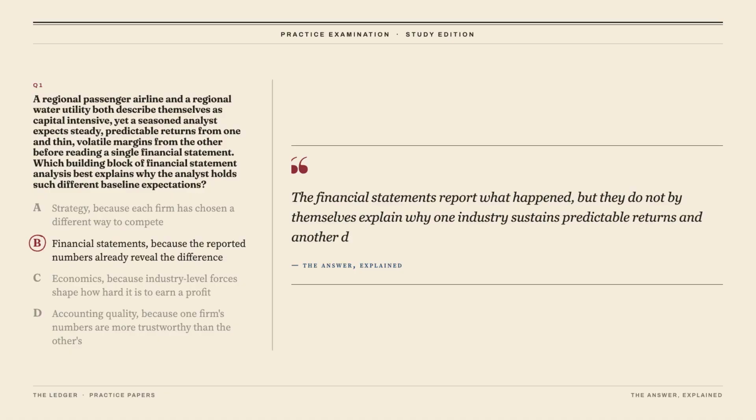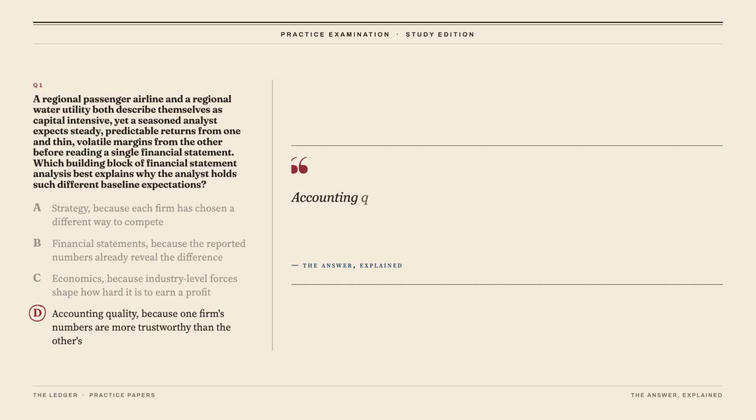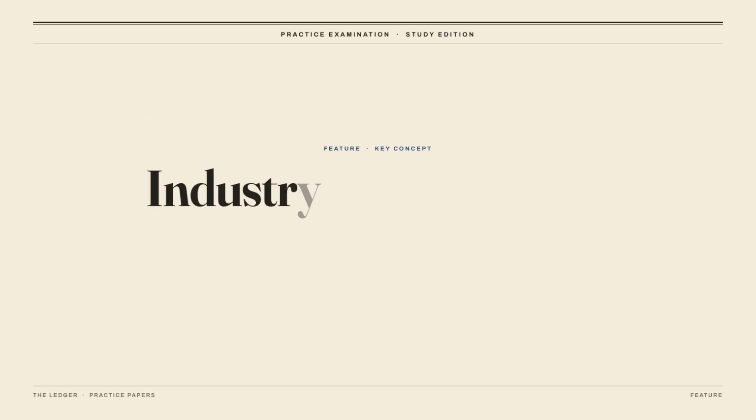That interpretation comes from understanding the industry economics first. D is wrong because accounting quality concerns how faithfully the numbers reflect reality, not why two industries have different normal profit profiles. Nothing in the scenario points to a trust problem with either firm's reporting.